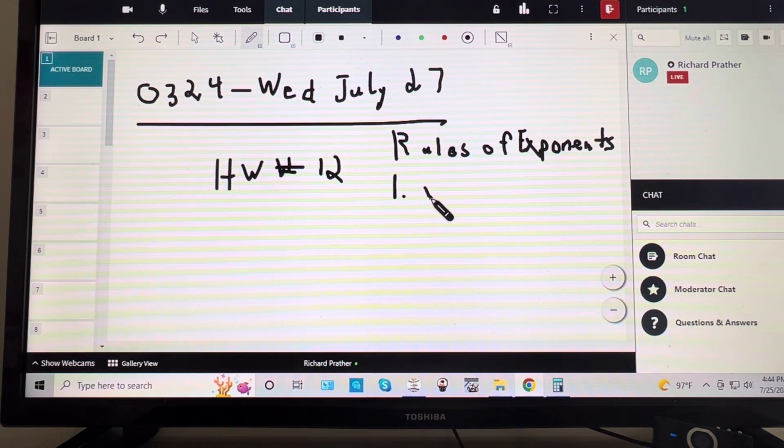So anything to the 0 power is 1. Anything to the first power is itself. If you are multiplying powers like x to the m times x to the n, one key thing is that both of those bases are the same.